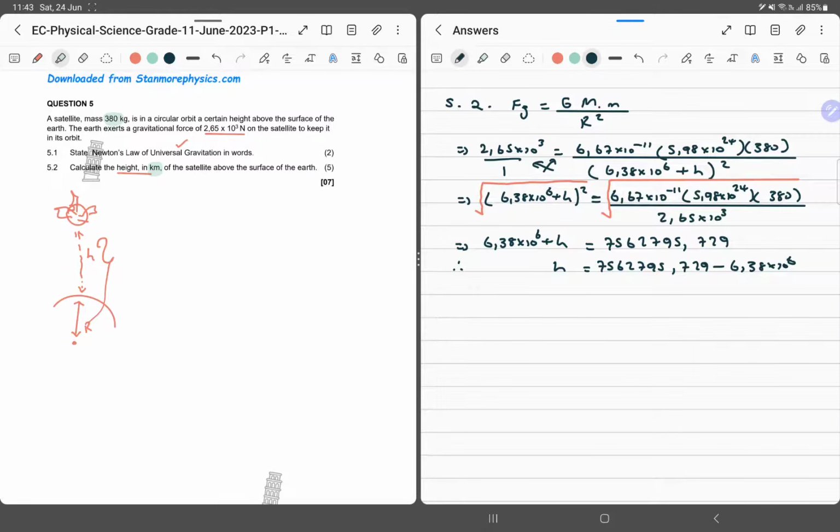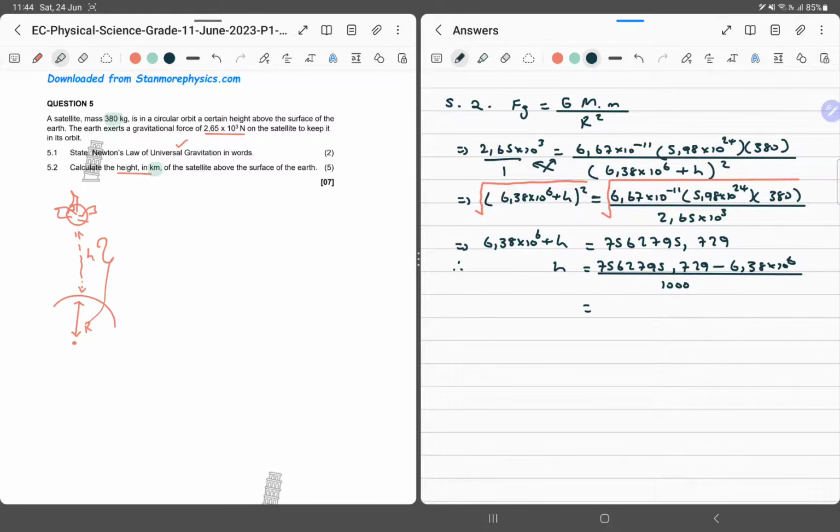Okay, but now they said in kilometers. Remember, this whole thing is in meters. So then we're going to divide this whole thing by 1,000 to convert to kilometers, because this is going to be in meters. So we're going to say minus 6.38 times 10 to the 6.